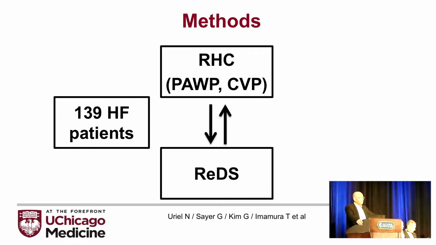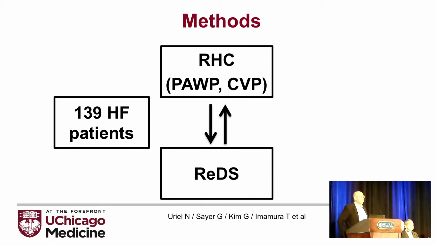An assessment that will include all the traditional cath lab measurements: CVP, RV pressure, PA pressure, pulmonary capillary wedge pressure, cardiac output and index, both Fick and thermodilution, and of course all the elements that we can calculate from them, SVR, PVR, PAPI, etc. At exactly the same time, while the patient wore the vest in the cath lab, we assessed the ReDS. So this is a simultaneous assessment.